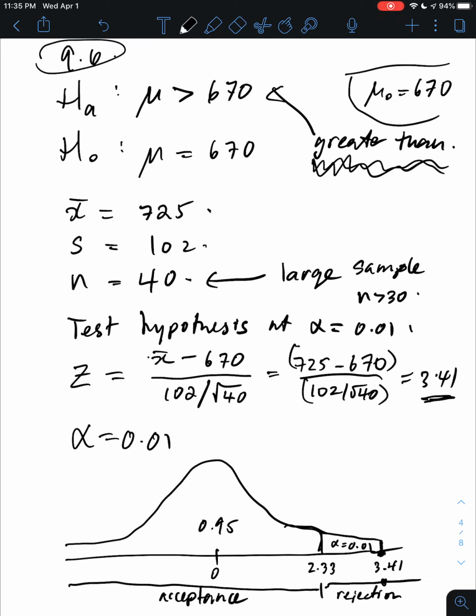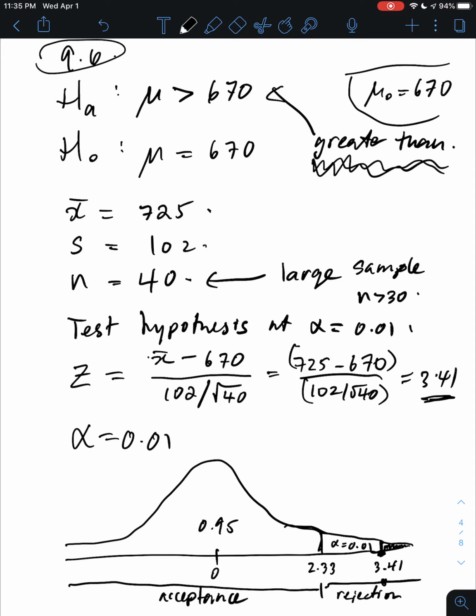But what I'm going to do now is calculate the corresponding p-value, which is this probability, which is a little bit bigger than 3.41. So I'm going to look up in my table the Z value of 3.41, that is 0.9997.